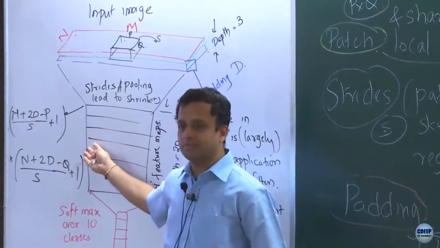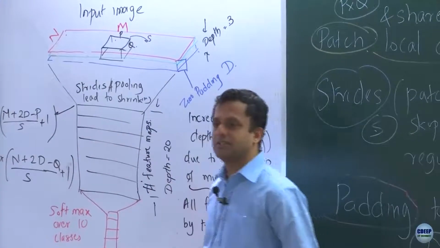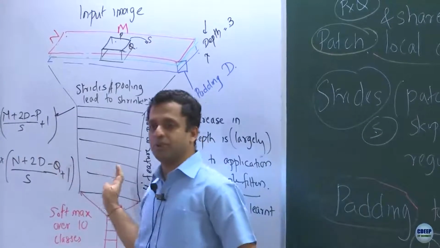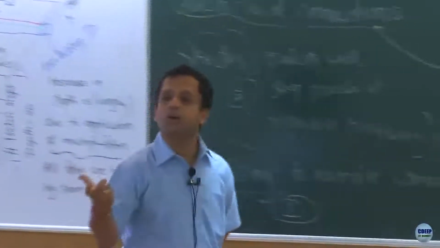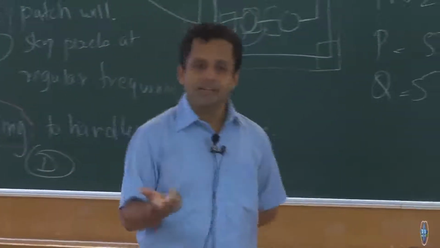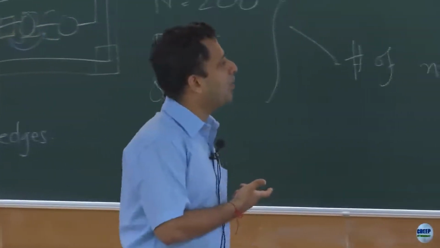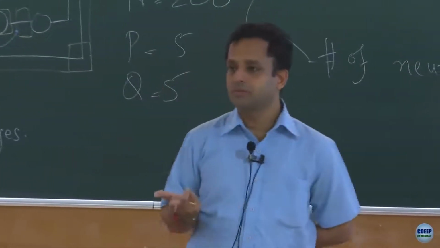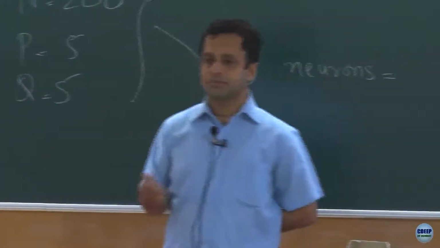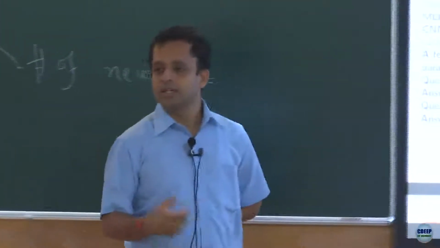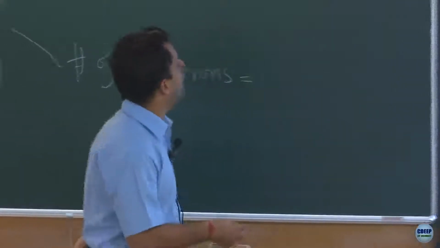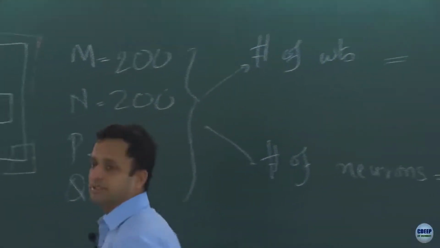This is the number of neurons into the depth, obviously. So what do the weights correspond to? Filters. And how many filters are we talking about? Okay, 20 into P into Q, right? That's all we are talking about.